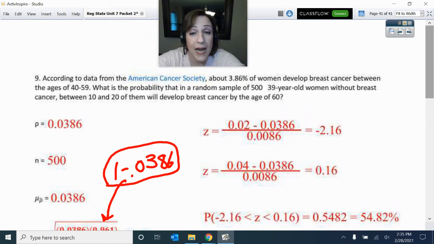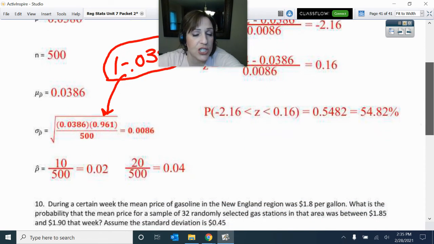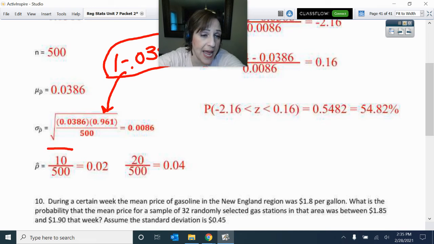We were asking about between 10 and 20 of the sample. It is a random sample of 500. There were a lot of numbers in this problem that you had to weed through to find the ones that applied to the different parameters. So the random sample was 500, which means I had 2 p hats.